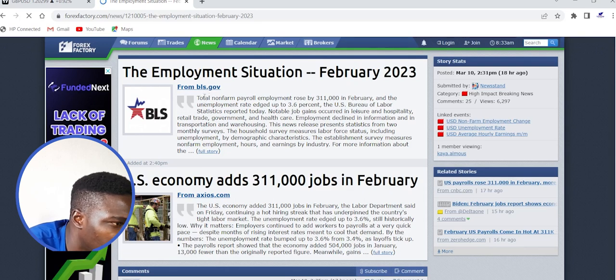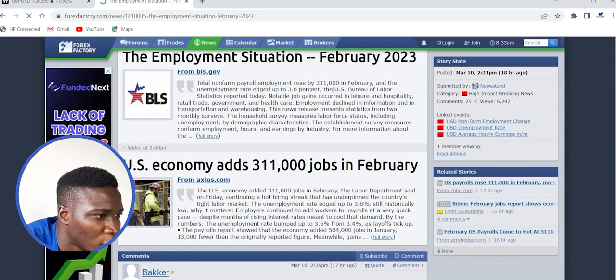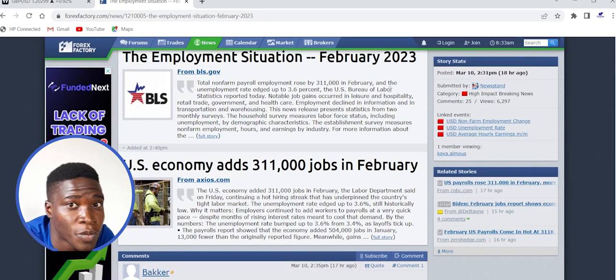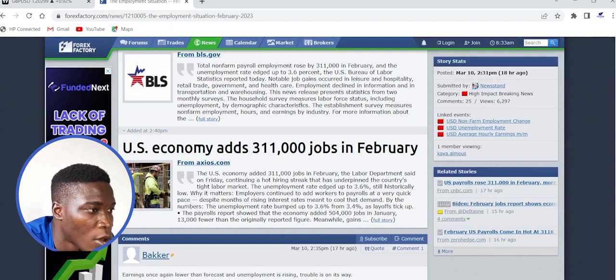Yeah, these are the NFPs. The employment situation, February 2023. So can you imagine, from bls.gov, they say total non-farm payroll employment rose by 311,000 in February, and the unemployment rate edged up to 3.6%. The United States Bureau of Labor Statistics reported today.